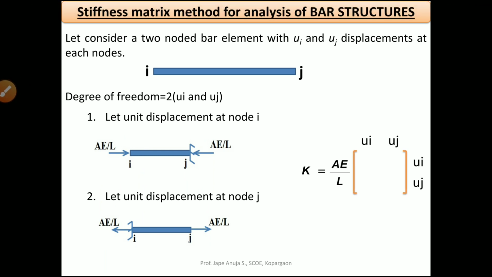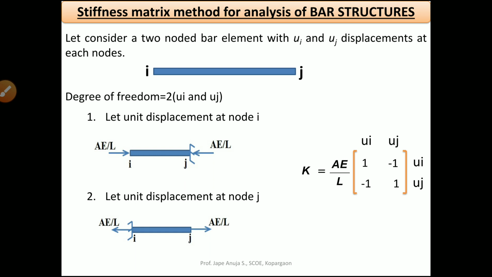AE upon L is taken outside the matrix, being common, and the factors are plus 1 at node I, then minus 1 in left direction, and at node J in the second figure it is AE upon L in right direction, therefore plus 1. Write the associated displacement to each column and each row as UI, UJ, UI, UJ.